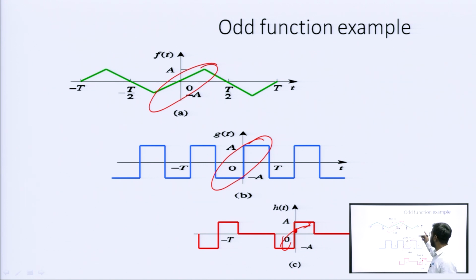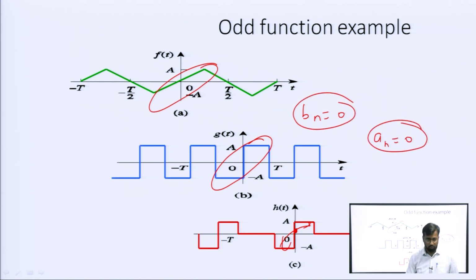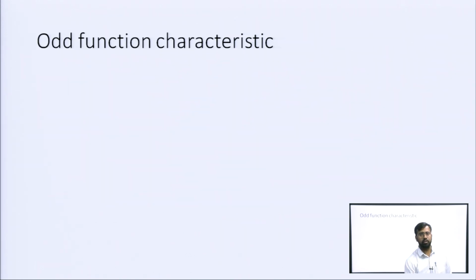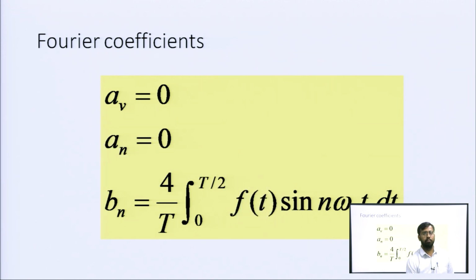See, when the function was even, we were getting Bn is equal to 0. When the function is odd, we will get An is equal to 0. So, these are basically the two shortcuts we must remember. One more thing also, if we are having an odd function, so what is an odd function?